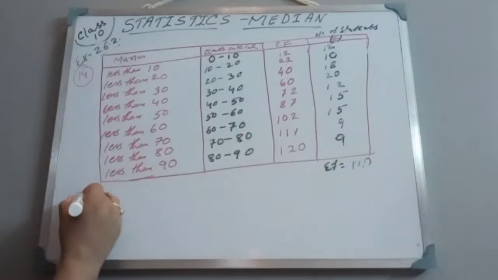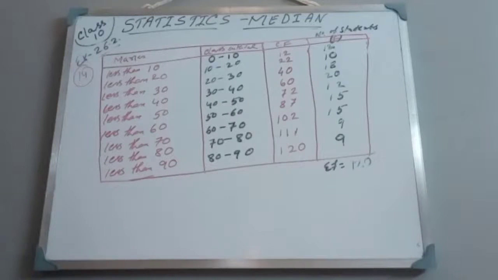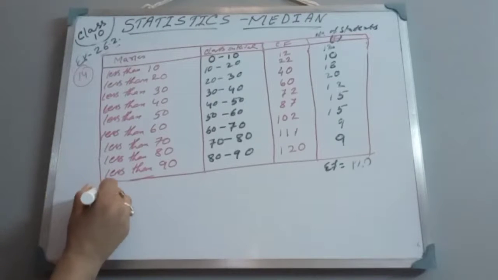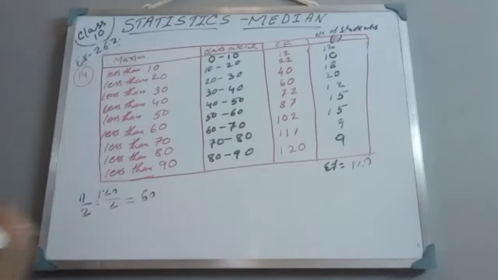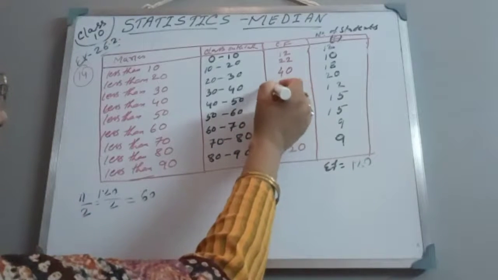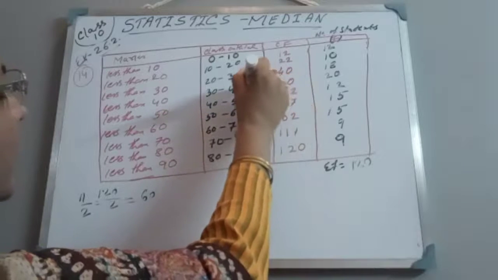Now what is n? N equals 120, so n by 2 will be 120 by 2, which gives us 60. Where is 60? 60 means the median class. N by 2 is equal to 60, so the median class will be this.